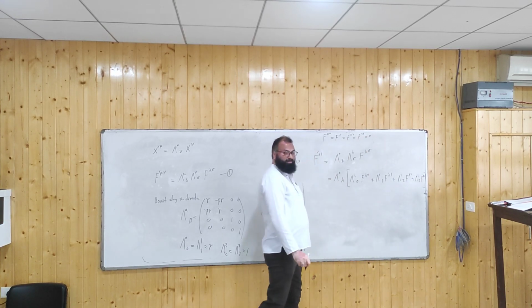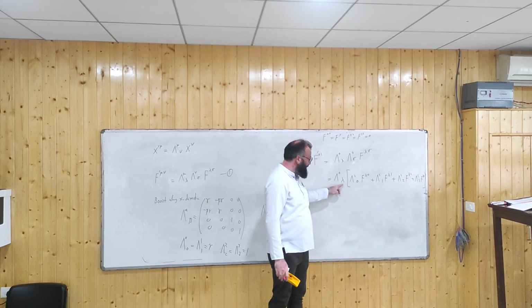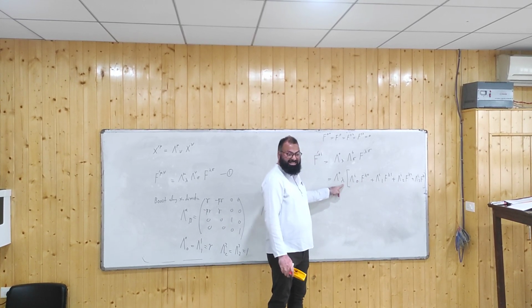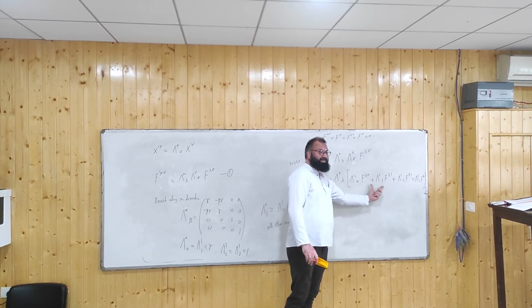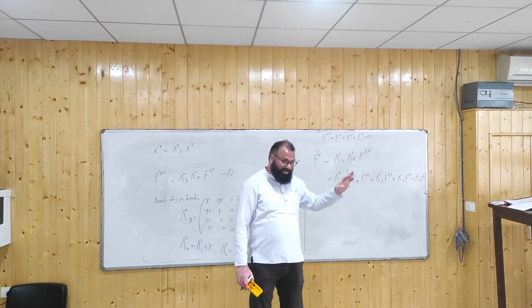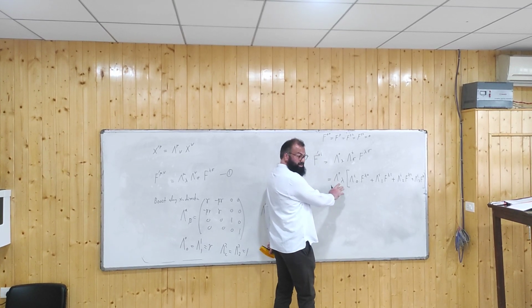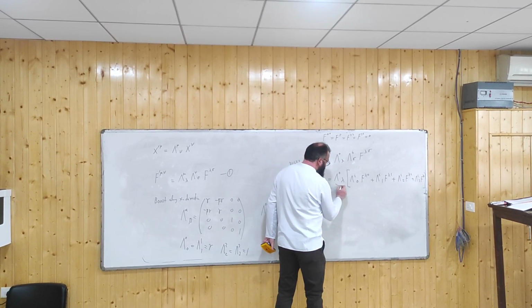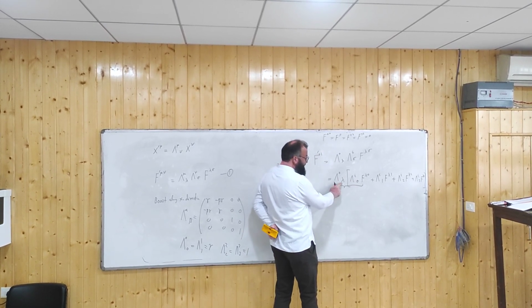Clear? So how many terms am I having? 4 terms. Now there is a sum over lambda as well. So from this very term I will get 4, from this I will get 4, from this I will get 4, so total 16 terms. Let's write step by step those 16 terms. Let's take this very term first. So there is a sum over lambda.